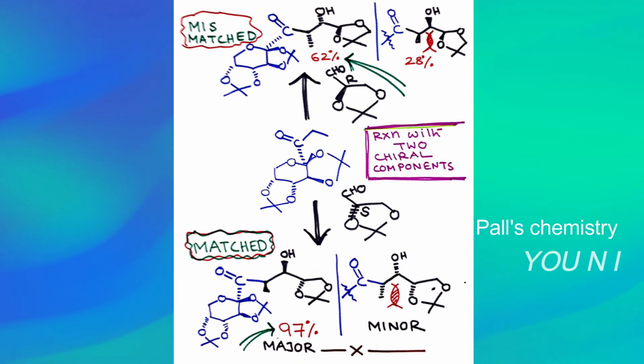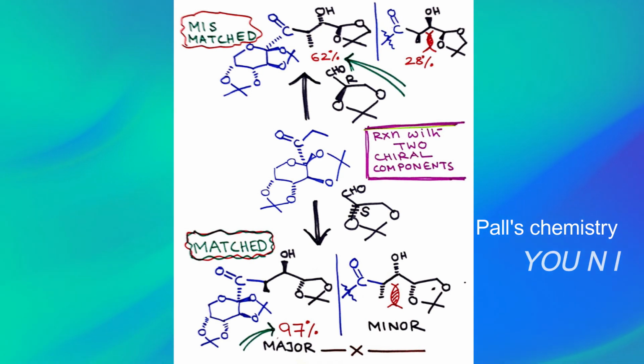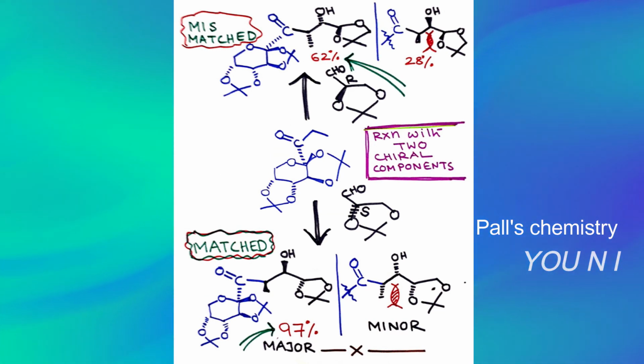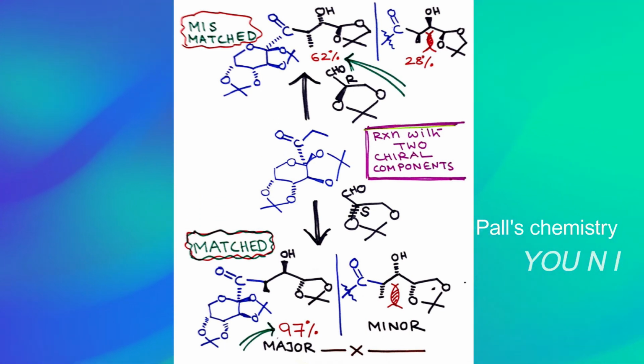This percentage is definitely more than the previous case where we took only one chiral component, where in THF or in tetramethoxybutane the major component ratio was 4.3 or 5. This 97% is definitely higher than that ratio. Therefore this will be considered a matched aldol condensation.